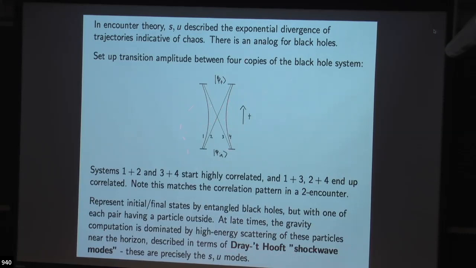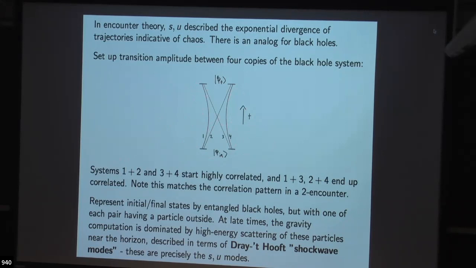So for at least a 2-encounter, locally the geometry should, I expect, look like the higher dimensional computation of a 4-point OTOC. That's conjecture, but in JT gravity, this region precisely looks like the JT gravity 4-point OTOC.